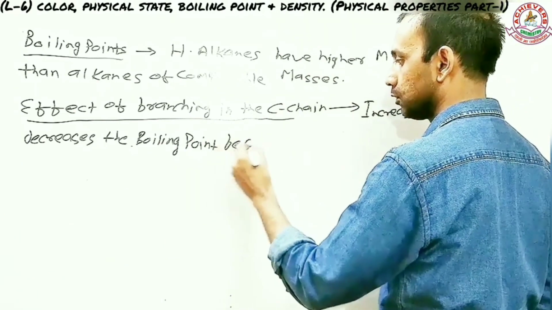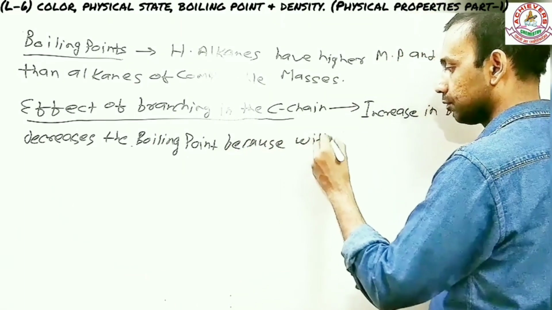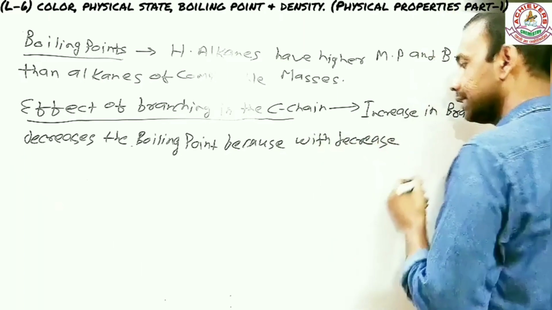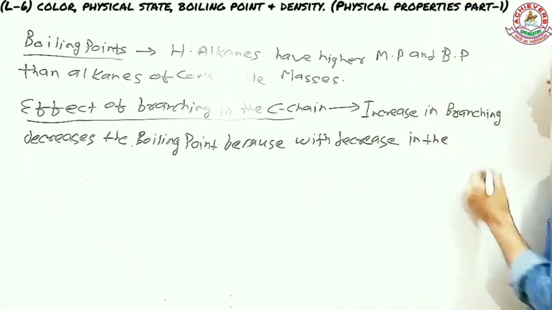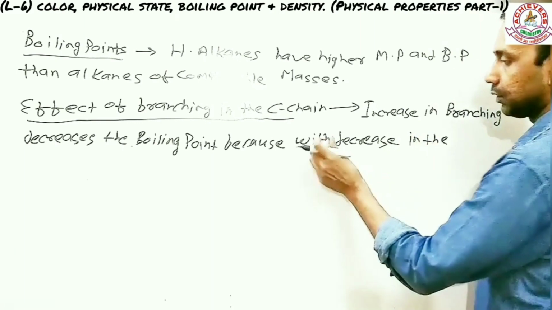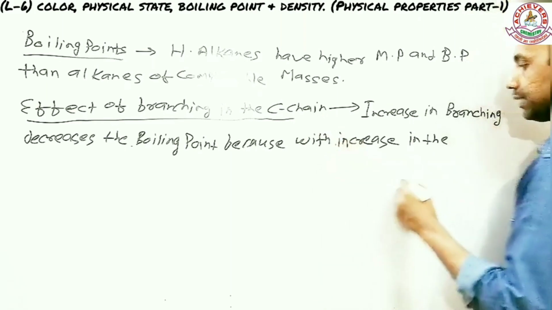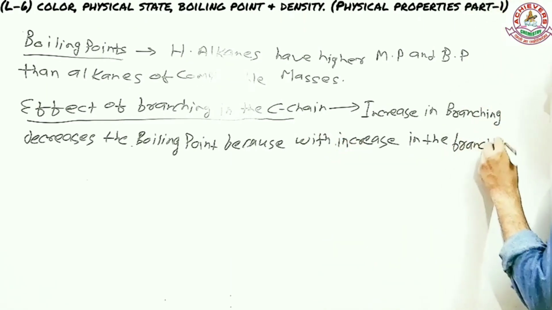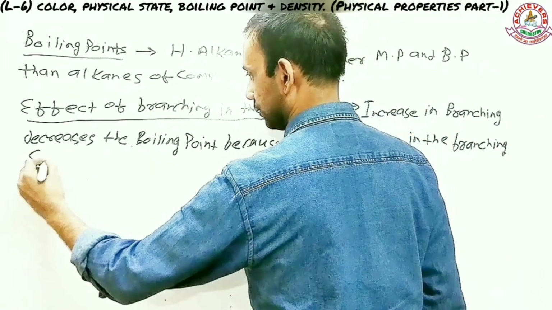Because with increase in the branching, surface area decreases.